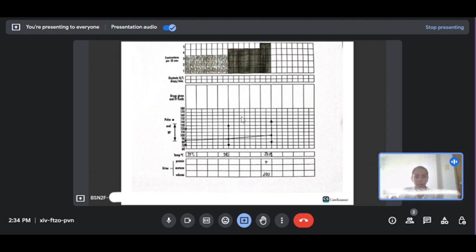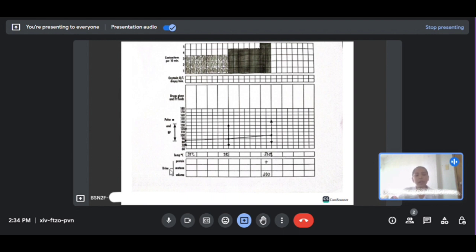For the blood pressure, it increases and it is 140/80, which is high. So it can be an indicator for preeclampsia or pregnancy-induced hypertension. Then the temperature is 37.5 degrees Celsius, which is also normal.